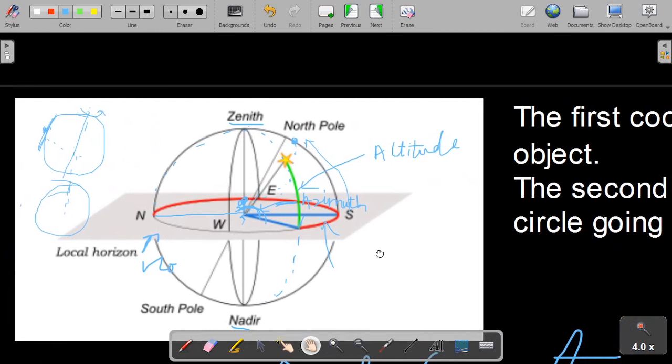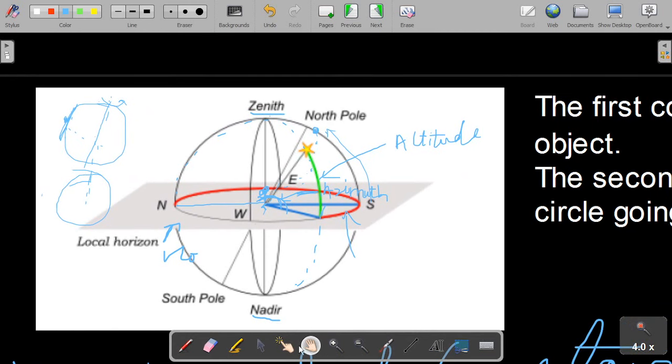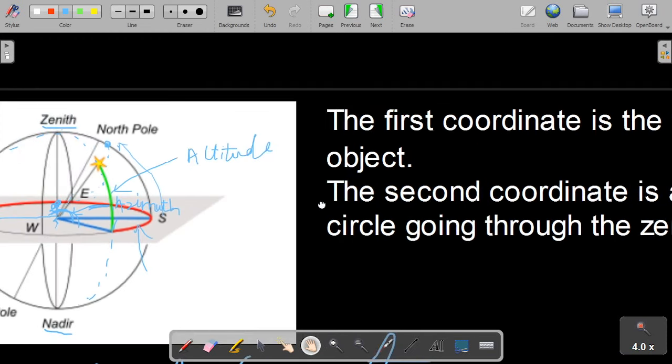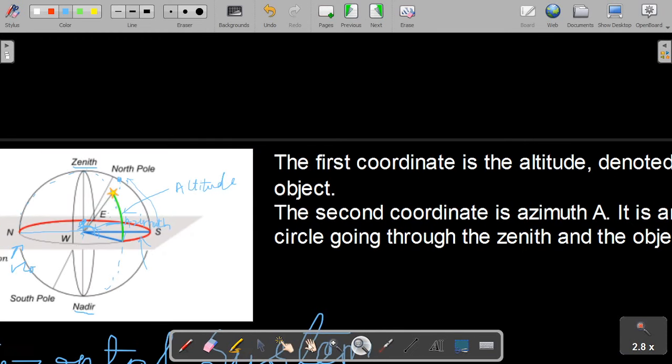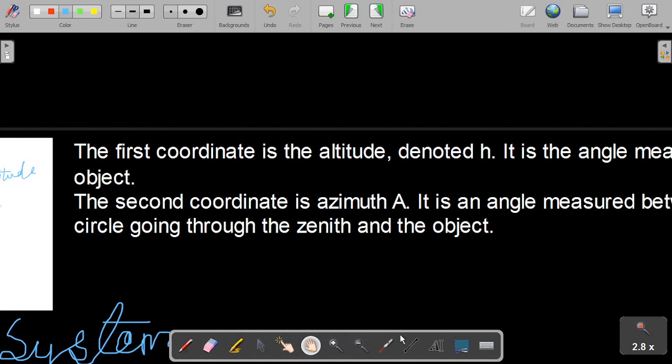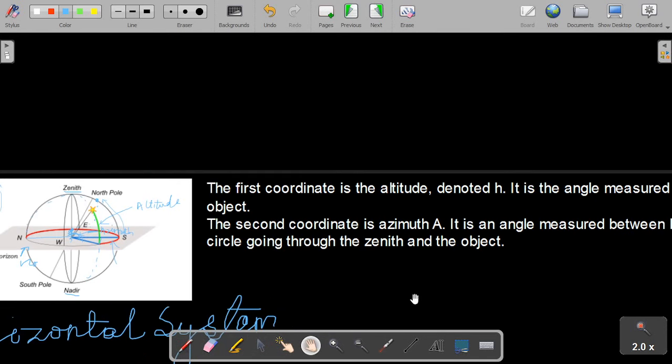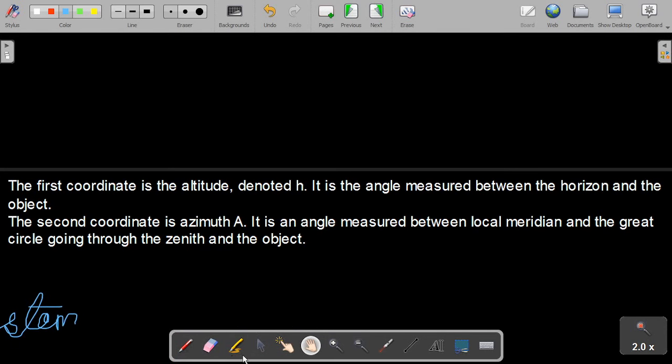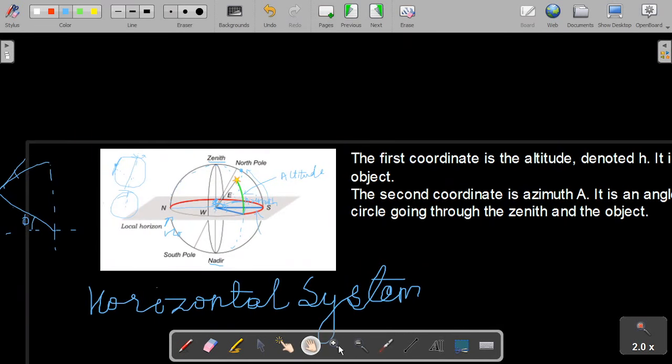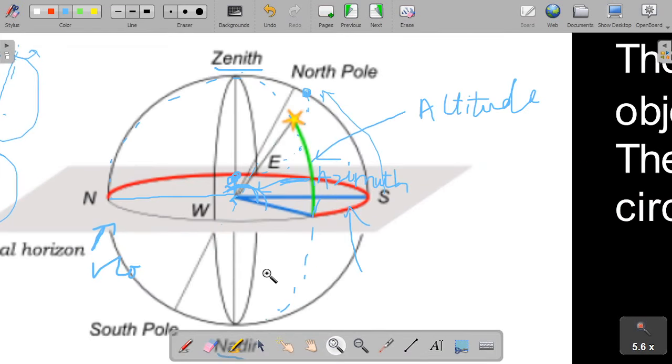Okay, now the two coordinates used in this system are the altitude and the azimuth, just denoted by H. Let's just see what it is about.